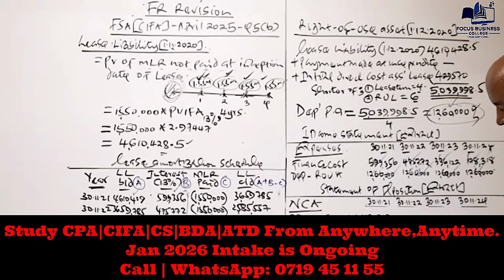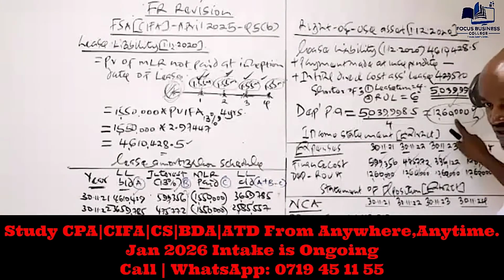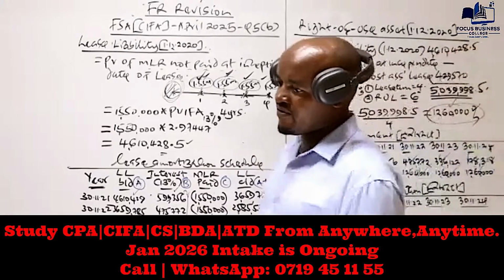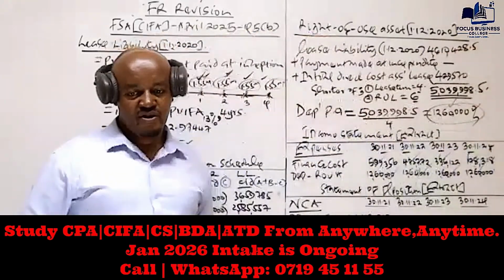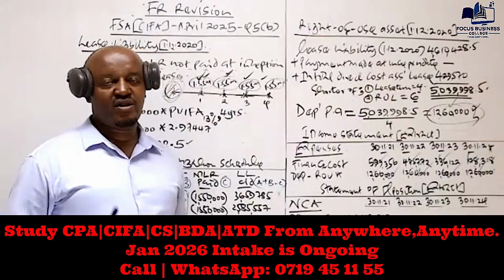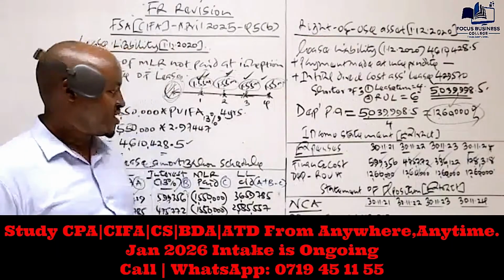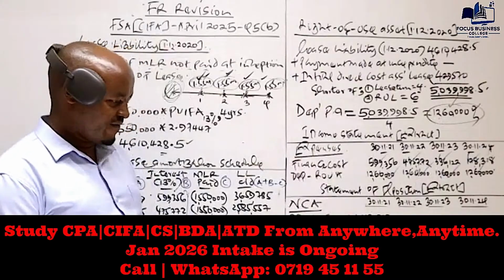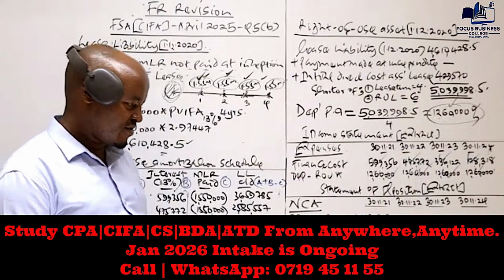So then year 2, we also do the same. Alternatively, you take the cost minus depreciation for 2 years. But the easy approach is, once you have computed the net book value for year 1, to get the net book value for year 2, you take the net book value at the end of year 1 and less the depreciation for year 2, which is 1260 x 4.